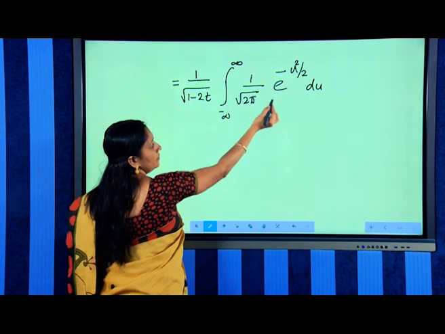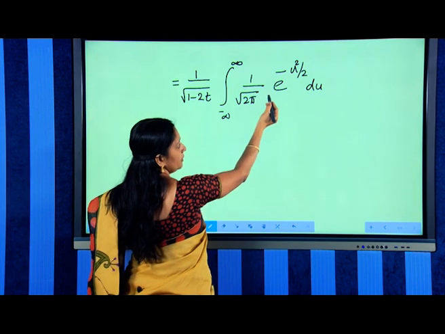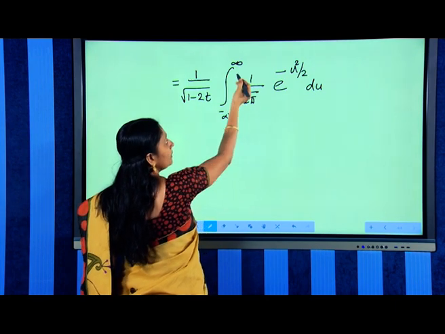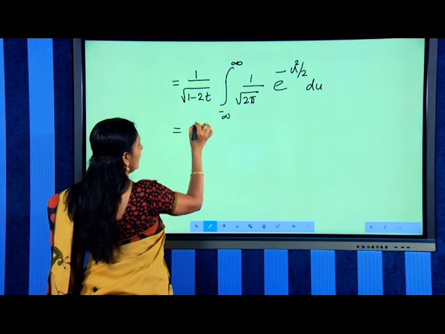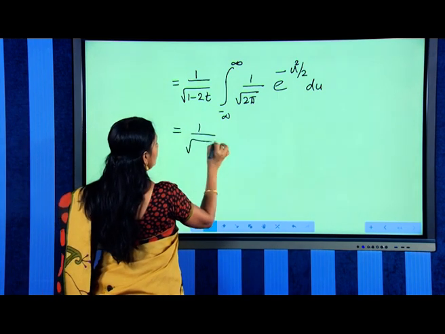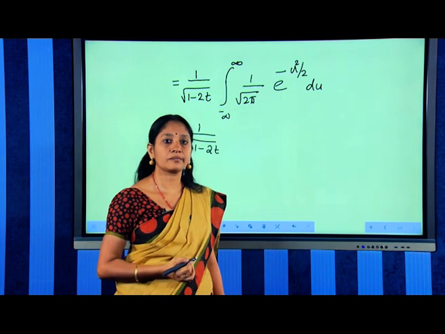This part is the density function of the standard normal distribution, and hence the total integral will be equal to 1, and hence we get this as 1 by root (1 minus 2t).